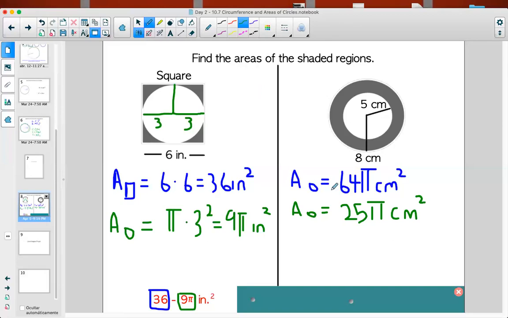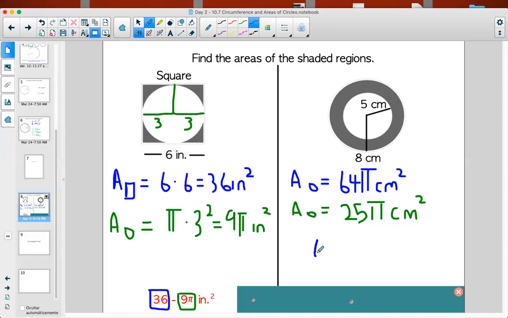Okay, so now the game plan is we're going to take the area of the whole circle. Okay, we're going to take the area of the blue, and then what we're going to do, we are going to subtract the area of the green. And then when we do that, we're going to be left with the area of the shaded region. So we can actually subtract this number, and the reason why is because we have like terms.